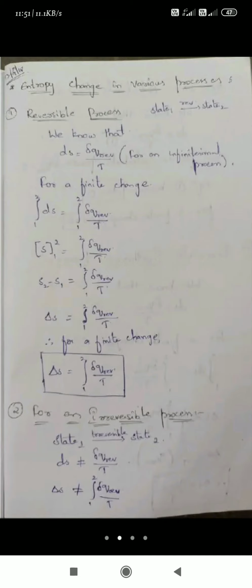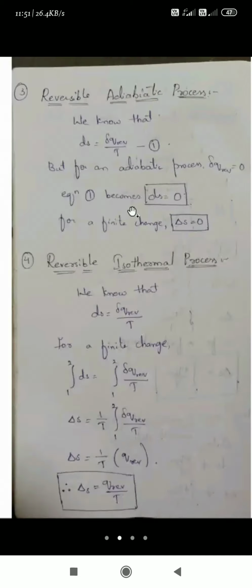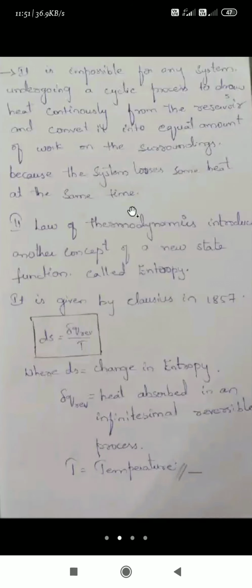That is not possible for a system undergoing a cycle. dS is called del Q reversible by T. It is observed during an infinitesimal process. T is the temperature where the heat is absorbed. This gives the change in entropy.